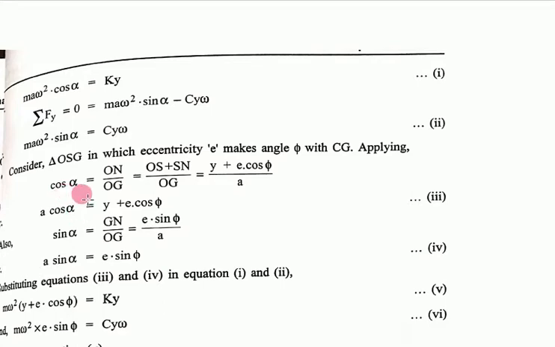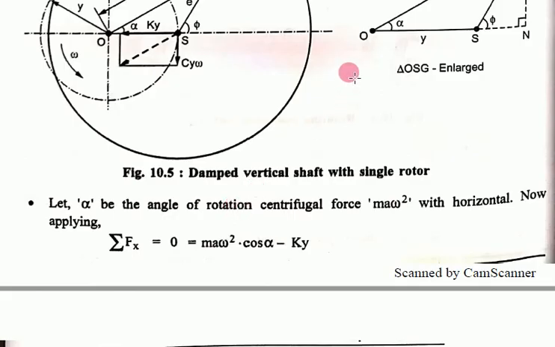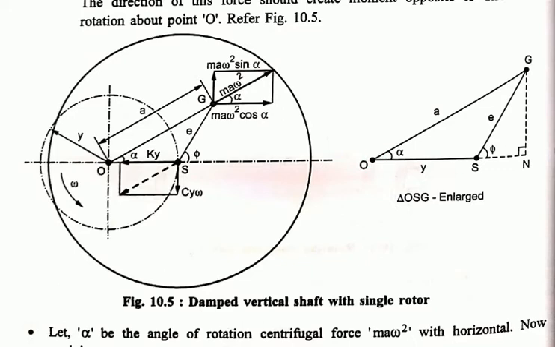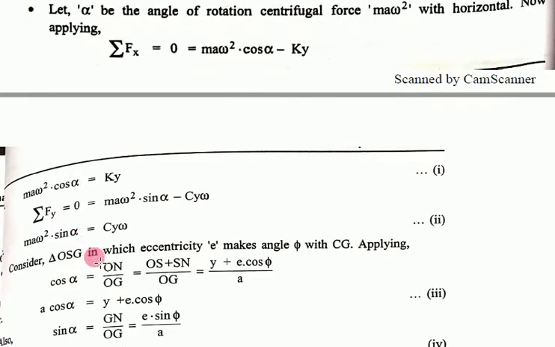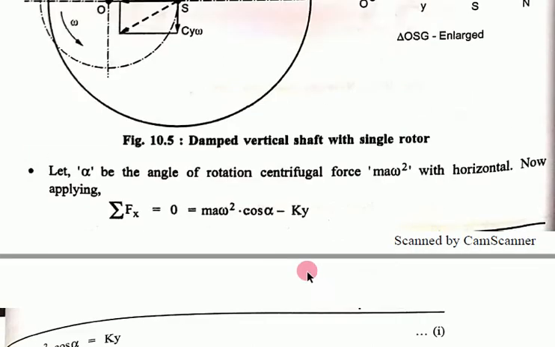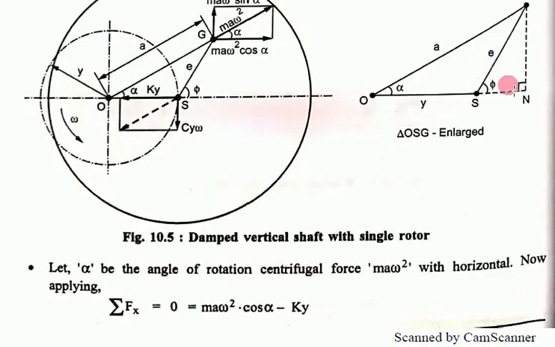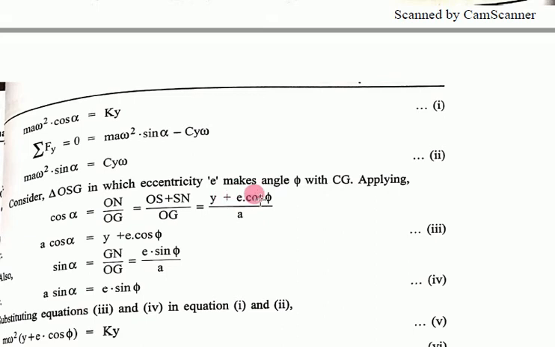Cos alpha is equal to ON upon OG. Again ON is equal to OS plus SN, so y plus e cos phi. This distance SN we can write as e cos phi. So y plus e cos phi upon OG, that is a.